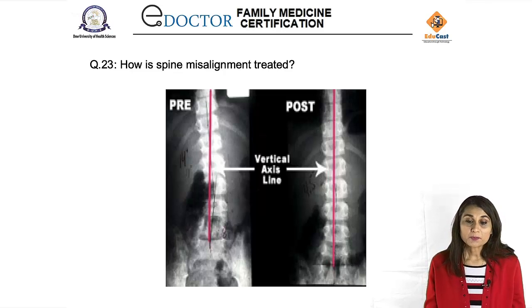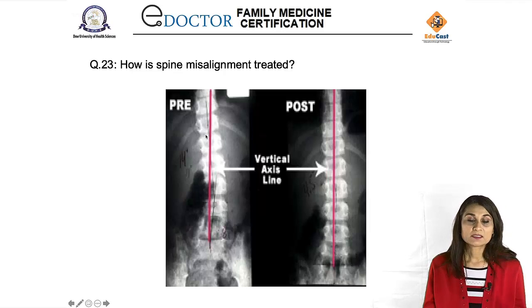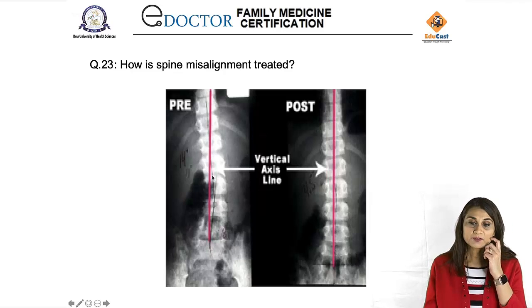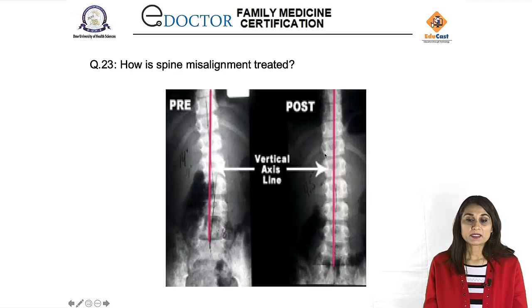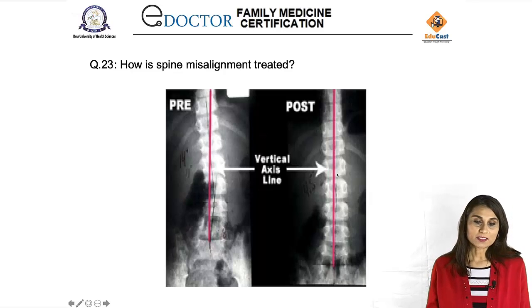Misalignment is often corrected with spinal fusion therapy. What is it? The spine is fused in a correct position with screws and rods. It was tilted, misaligned, and then they correct that.